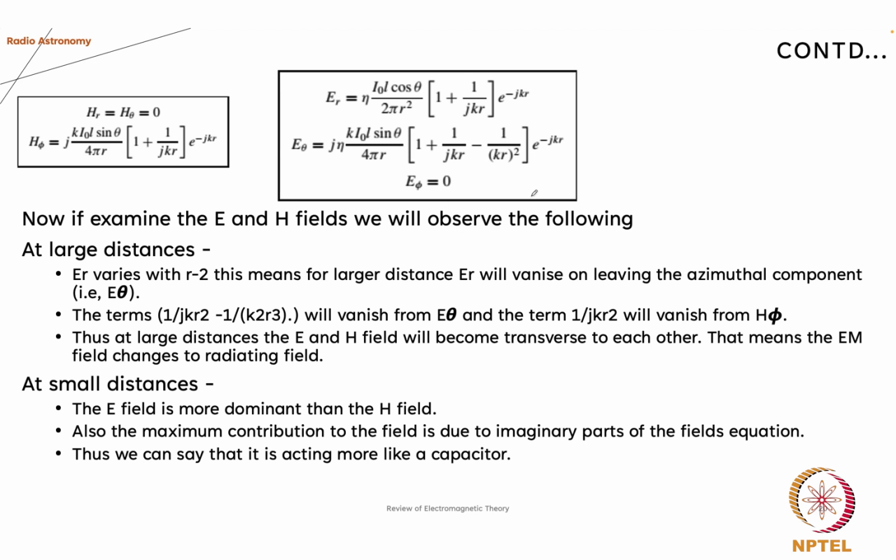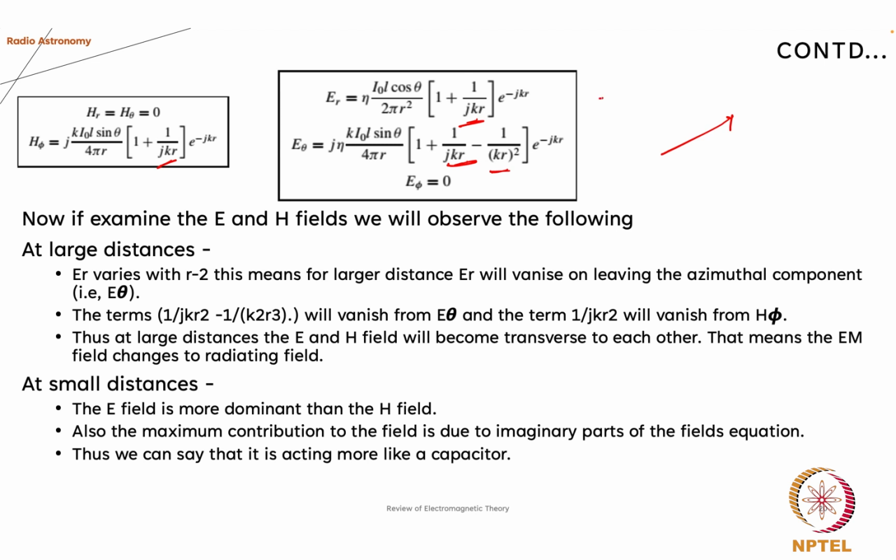So if we see, there are kr and kr square terms here. That means it has a distance dependency, and this will vanish if you go very far away from the source or the infinitesimal dipole. Due to this, we can categorize fields in three parts.